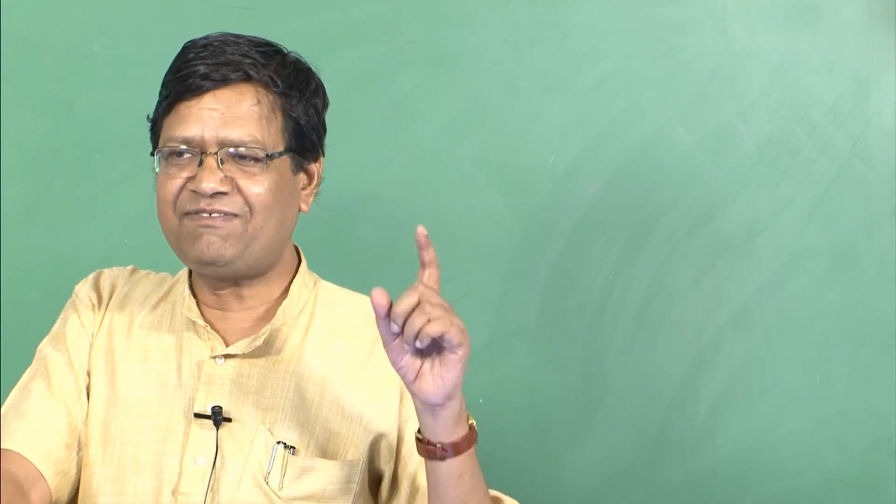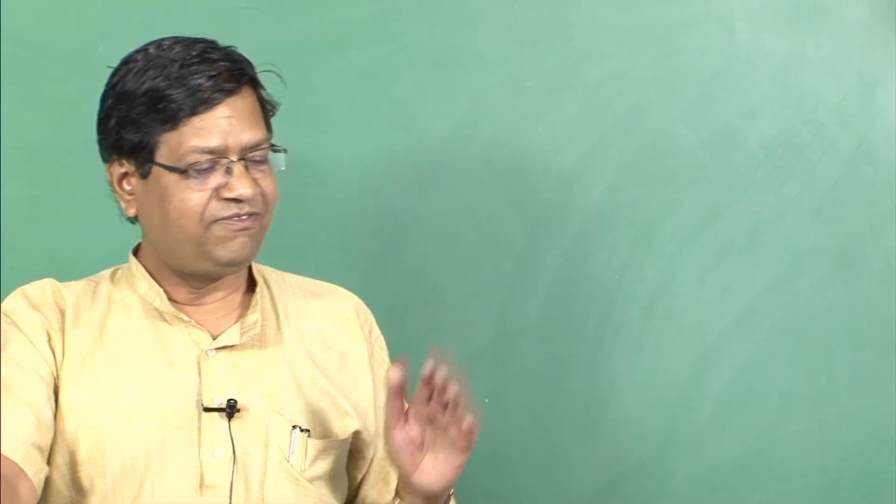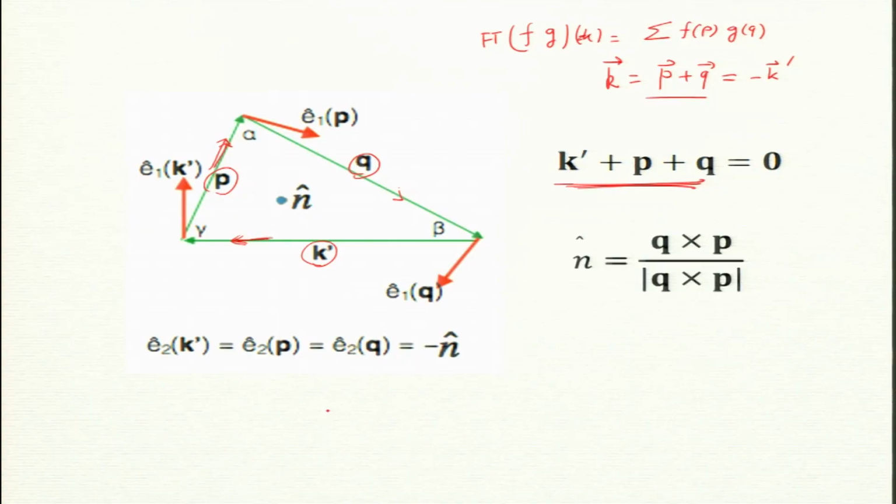You may have to use n vector. It may not work all the time, but if you have a single triad, this works beautifully. So, let us focus on a single triad. We will worry about this technology as and when it is required.